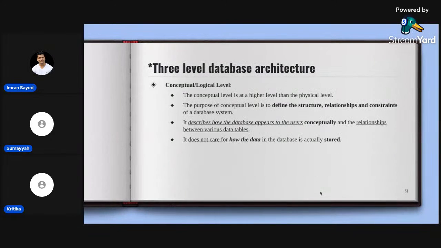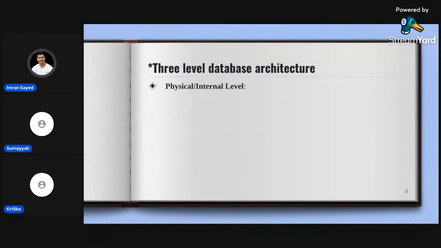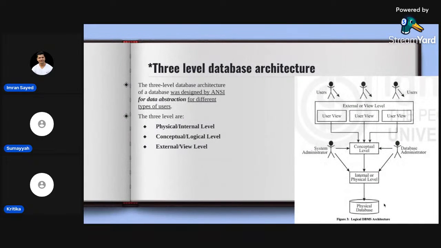Okay. So Maya, do you want to give a quick recap of what each one of these does? Yes. The physical level stores data as files and folders, and it decides how the data is going to be stored in the hard drive, in the form of bits and bytes. And the conceptual level does not care about how the data is stored on the hard drive.